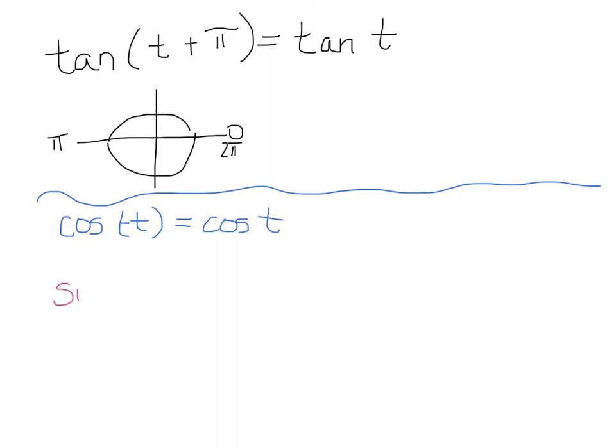Now, sine and tangent are different, because when you find sine or tangent of a negative angle, you get the opposite value.